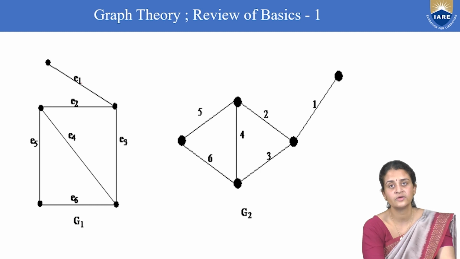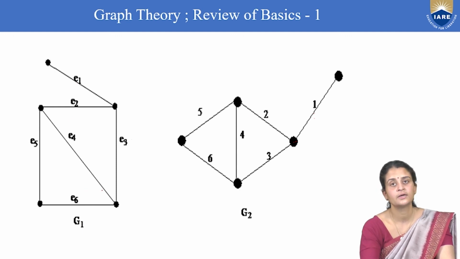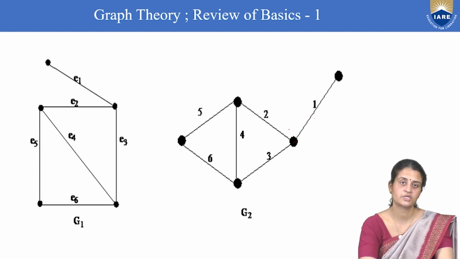Here, corresponding to this E1, we can find an edge 1 here. Please look at the endpoints of E1. One endpoint of edge E1 has degree 1 and the other endpoint has degree 3. Here also, for the endpoints of edge 1, we can find endpoints with degrees 3 and 1 respectively. Corresponding to each of E1, E2, E3, E4, E5 and E6, we can find edges 1, 2, 3, 4, 5, 6 respectively. Okay.